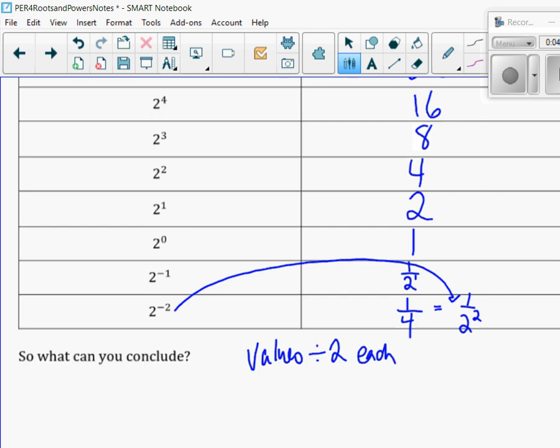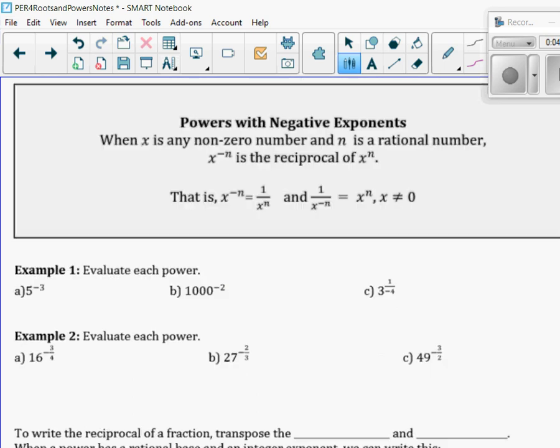Okay. So that's the thing that you have to get out of this lesson today: when x is any non-zero number and n is a rational number, then x to the power -n is the reciprocal of x to the power n.